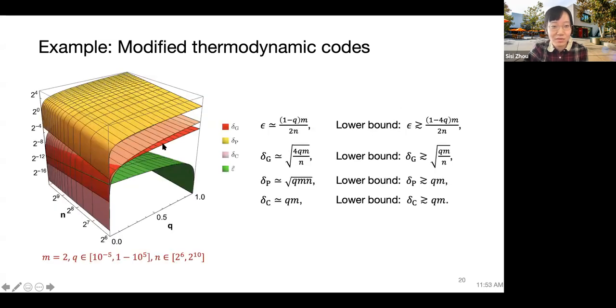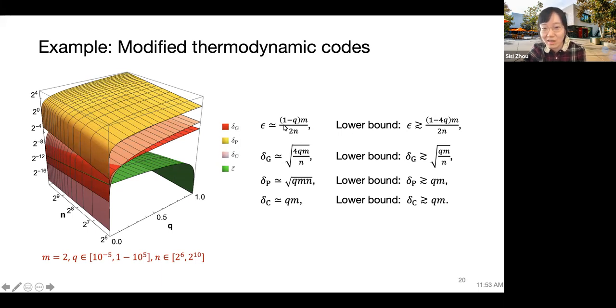And you can calculate these quantities with different scalings. I'm just going to show the plot here. So if Q goes from 0 to 1, epsilon is going to decrease, and the different types of delta are all going to increase. And you can look at the slope here. You can see that the scaling of delta is going to be square root of 1 over N, for local covariance it's going to be like square root of N, and for charge it's going to be a constant.